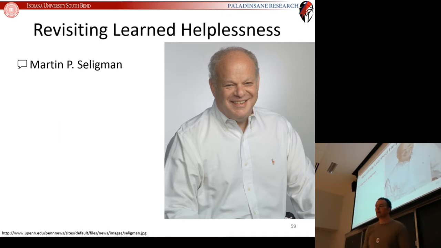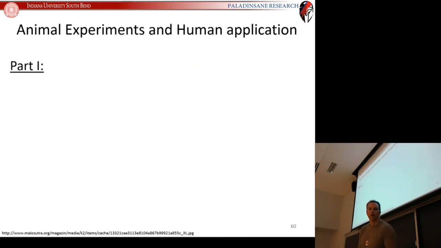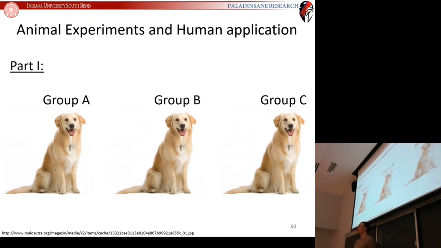So once more with learned helplessness, we have Martin P. Seligman doing this study where he wanted to see the effects of prior learning on subsequent learning. Would learning something first influence how you learn something else later on? For this experiment, he took dogs and split them up into 3 groups.